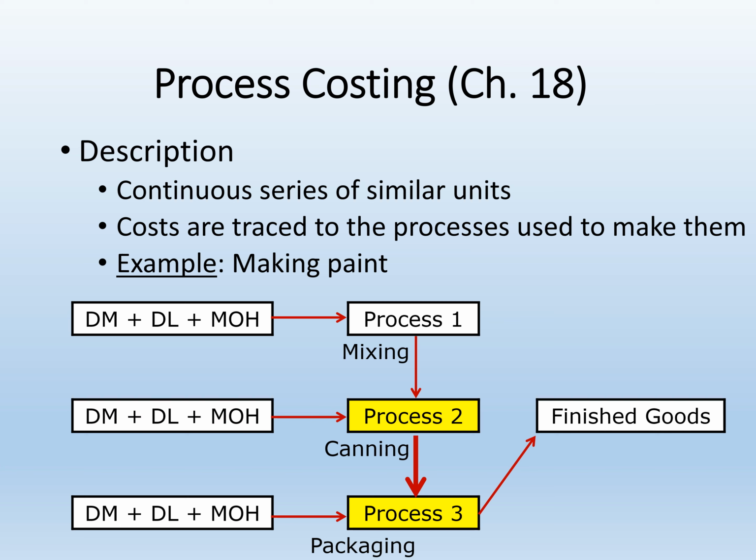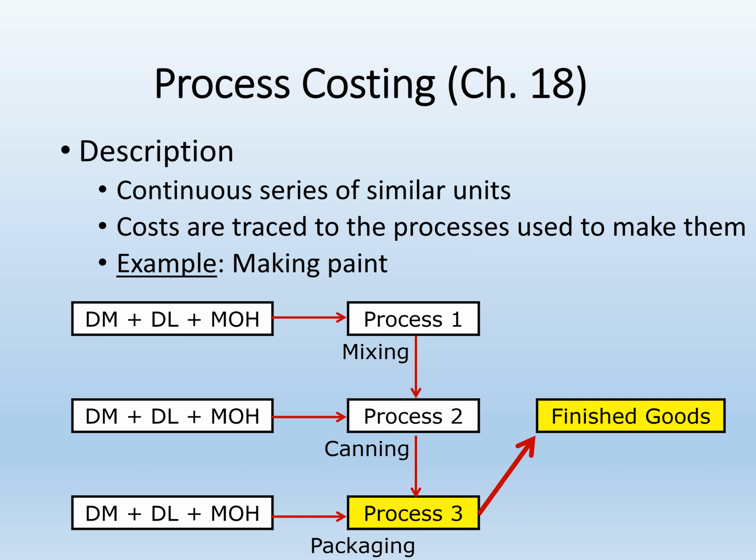When the paint is finished being canned, it's transferred to the next process, the packaging department, where other materials and labor and overhead are added. Now the paint is finished, so it's transferred to the finished goods warehouse.